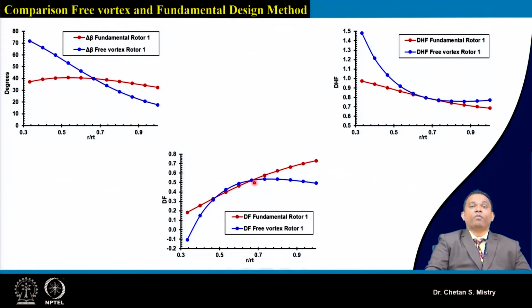If it is giving the results or performance that are expected, and it is working absolutely fine, that is the design approach. Okay, so do not misunderstand the free vortex design concept and the fundamental design method concept.